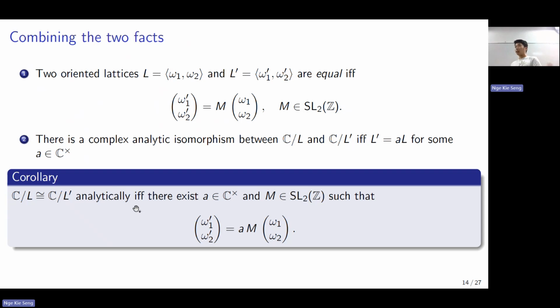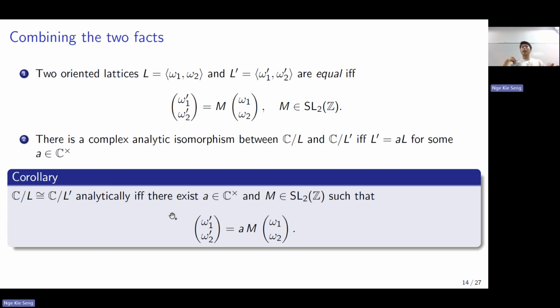Given two lattices, L and L prime, the complex plane quotient by L is isomorphic to the complex plane quotient by L prime, analytically meaning the function that maps between them is a complex analytic function, if and only if there exists a complex number A and a matrix in the special linear group of integers such that this equation is satisfied.